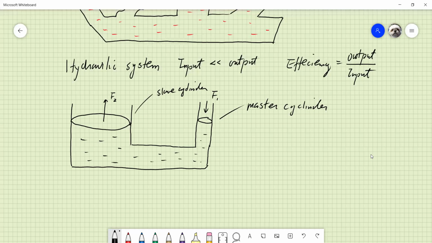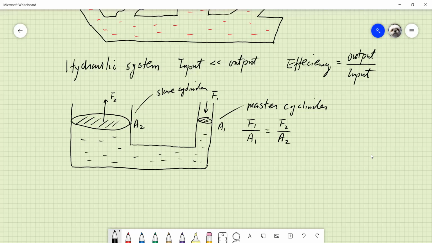Now, the idea to apply the Pascal principle here is I have A1 and I have A2. So the Pascal principle is F1/A1 equal to F2/A2. Am I right?